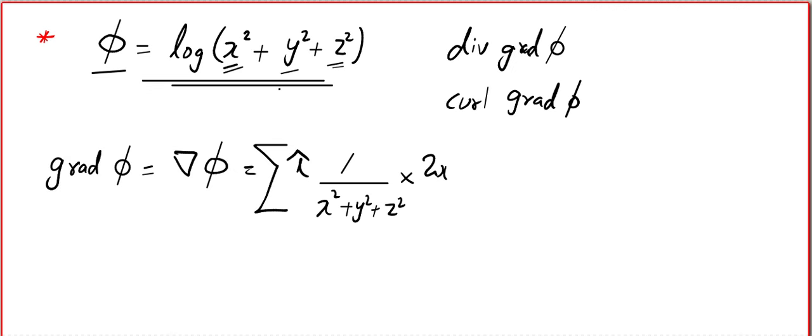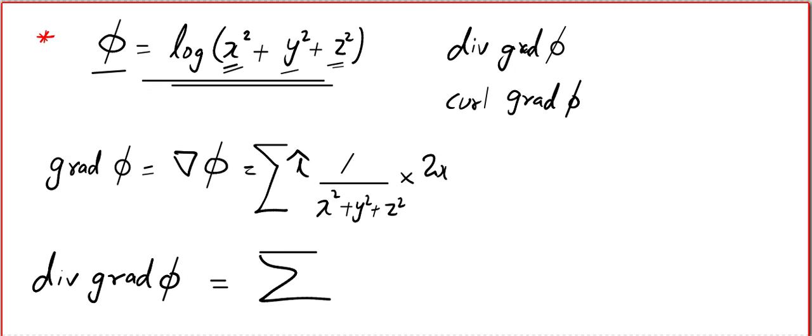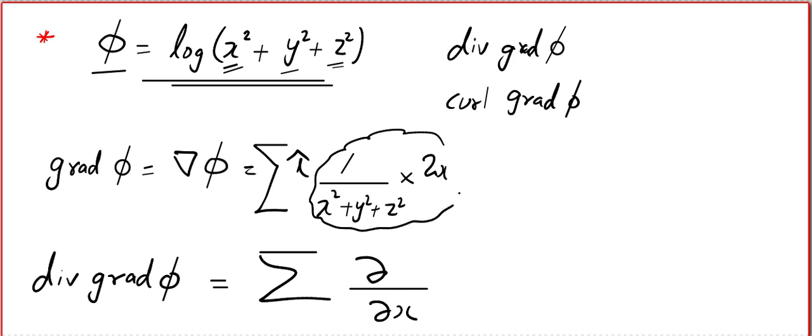Now, just now I told you, if you want to find the divergence of a function, all you have to do is you have to put sigma and then you have to write partial derivative of x and then choose the I component of the function. That is 2x divided by x square plus y square plus z square.